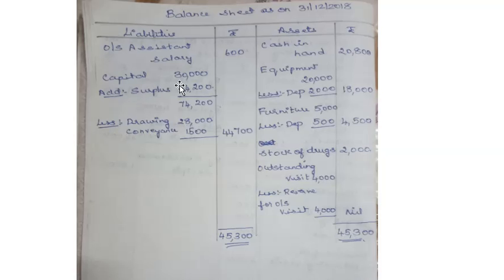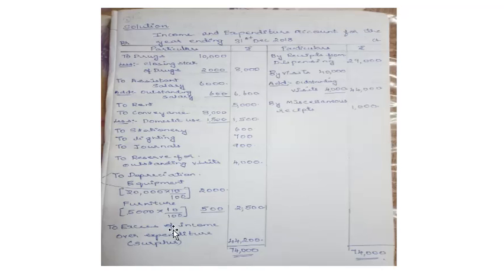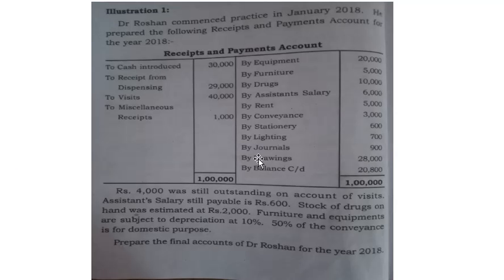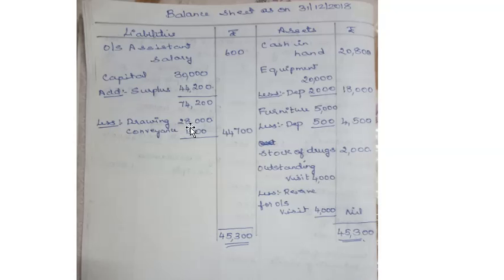So capital 30,000. Add surplus, which is the difference in the income and expenditure account, 44,200. So 30,000 plus 44,200, 74,200. Less drawings, if there are any drawings you have to deduct. Drawings are 28,000, so less drawings 28,000.